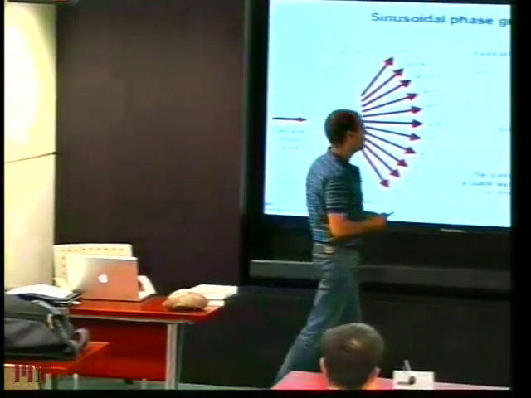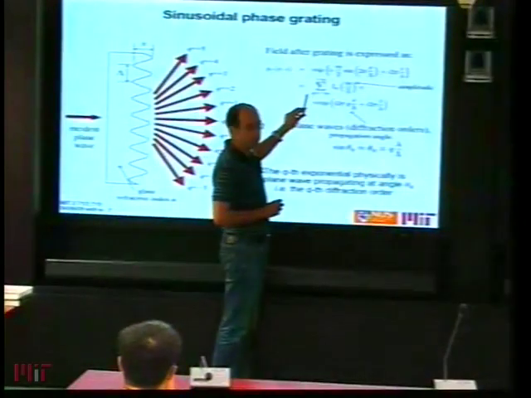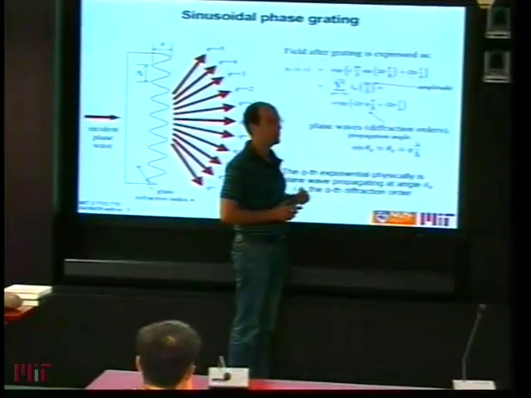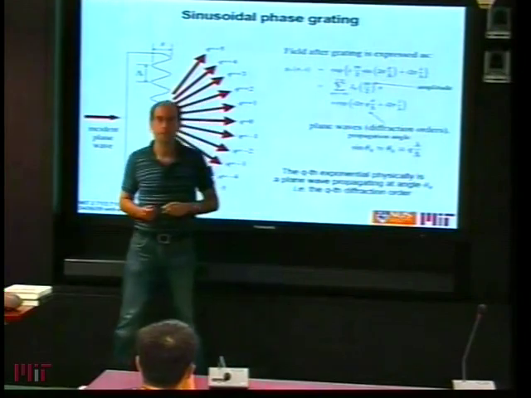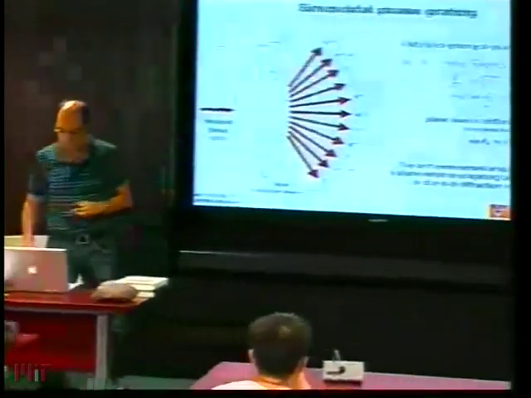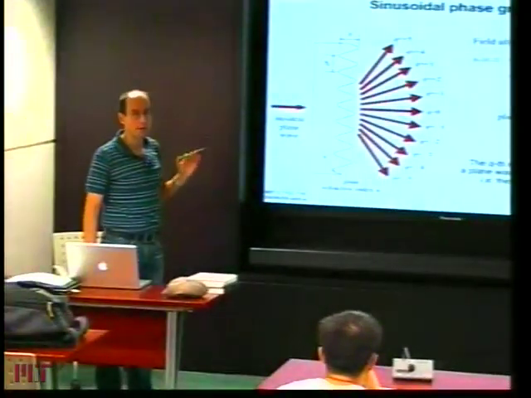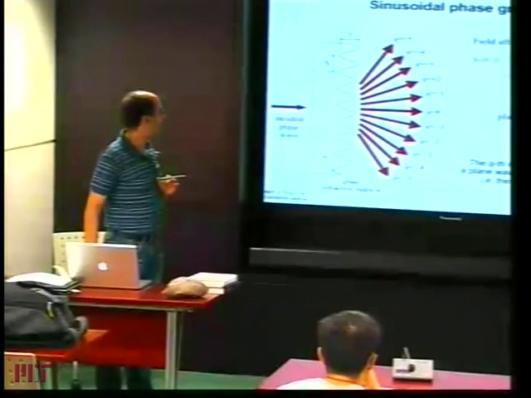And the propagation angle of the plane wave indexed by Q is given by this expression here, the same expression that I had before. So these are then the diffraction orders for the sinusoidal phase grating.